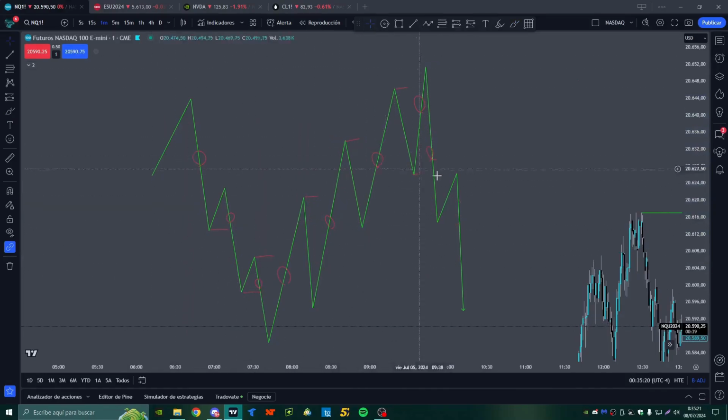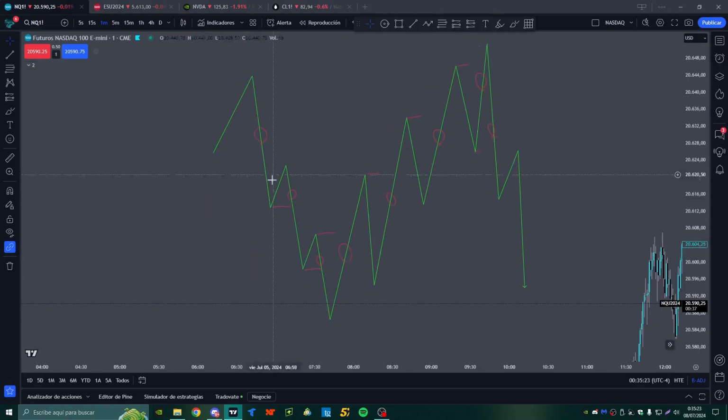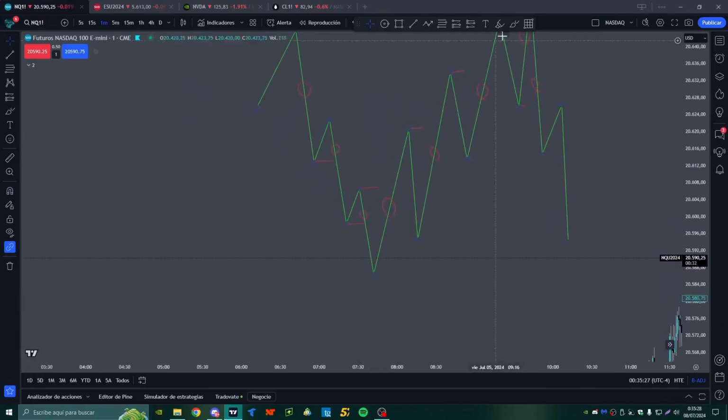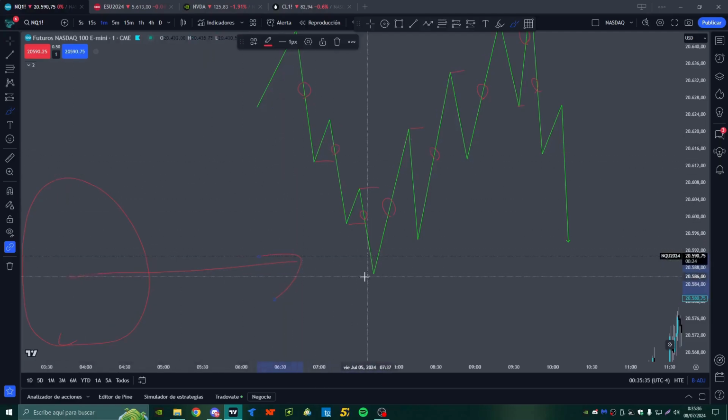So the idea is not to have them mechanized, taking trades everywhere with this. The idea is to have a clear area from which they are planning to take a trade, and once the price reaches that area, they will start reading order flow. Order flow is not structure.